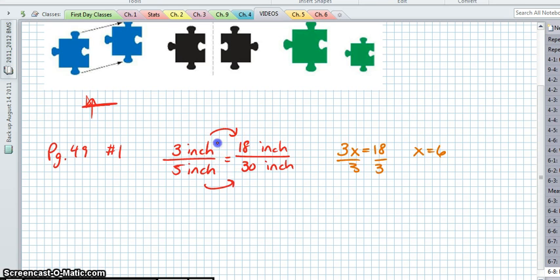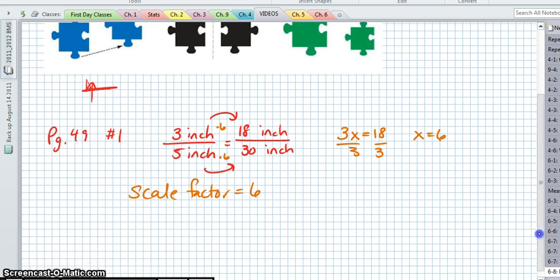Now, when we are multiplying the numerator by a certain number, we would be multiplying the denominator by the same in order to keep the ratios the same. So we would be multiplying 3 inches by 6 to get 18 inches, 5 inches by 6 to get 30 inches. We can say that the scale factor is equal to 6. Okay, so it's been enlarged by a scale factor of 6.